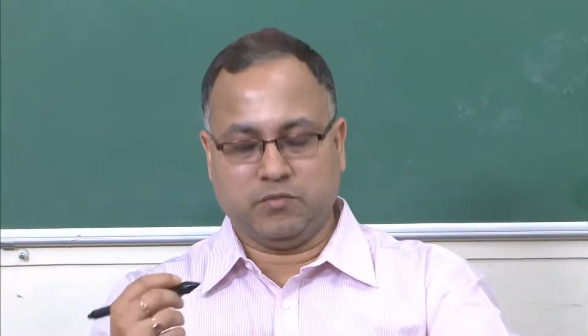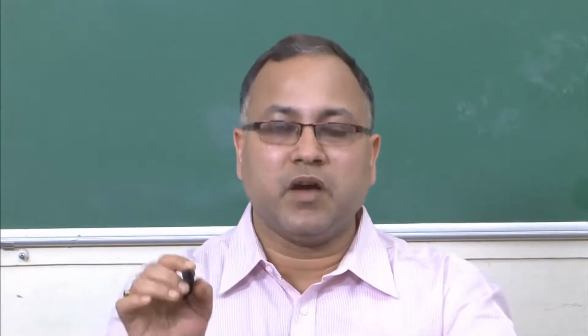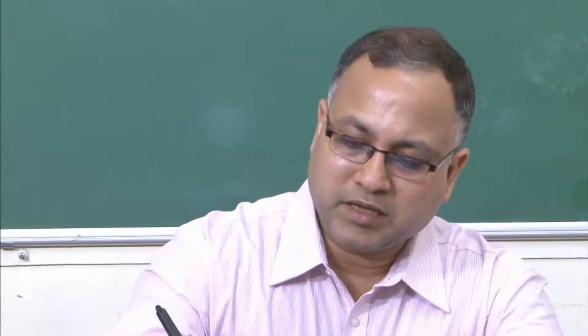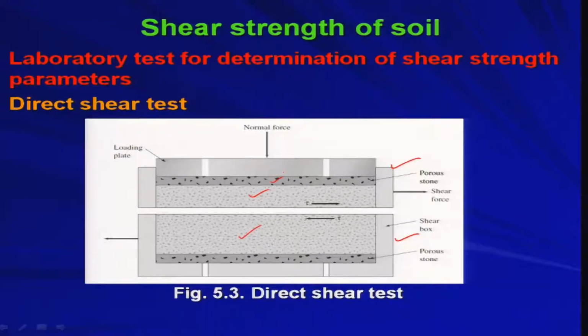Inside the mold you fill the sand, or any kind of material for which you want to find out the shear strength parameters like c and phi. Shear strength parameters means c and phi. Now, on top of the sand you place a porous stone to get the pore water pressure dissipated from the soil body.